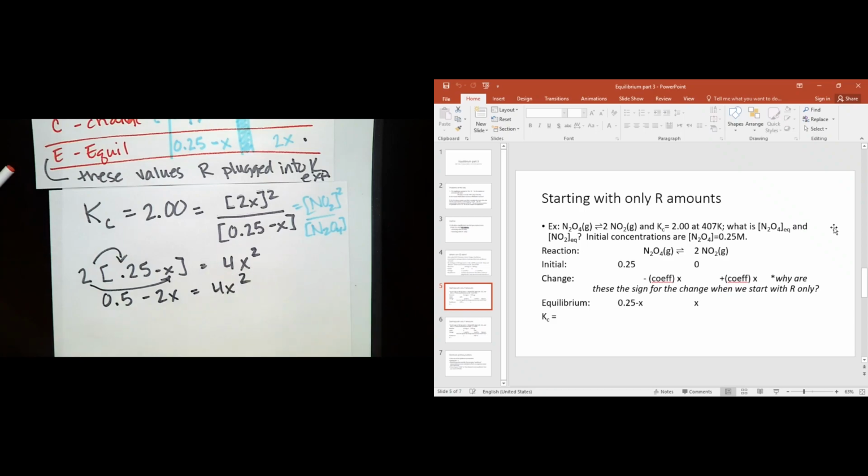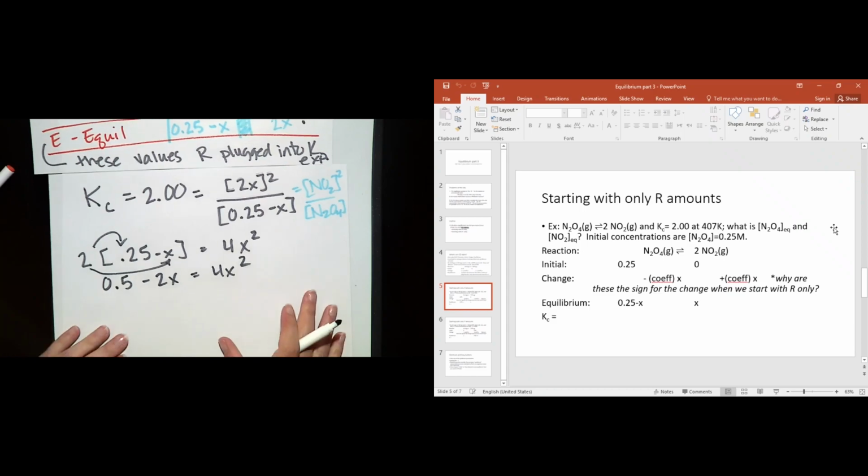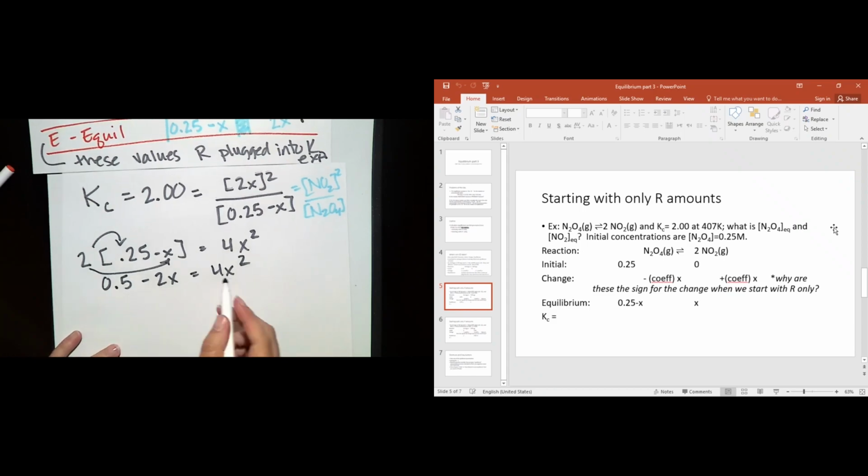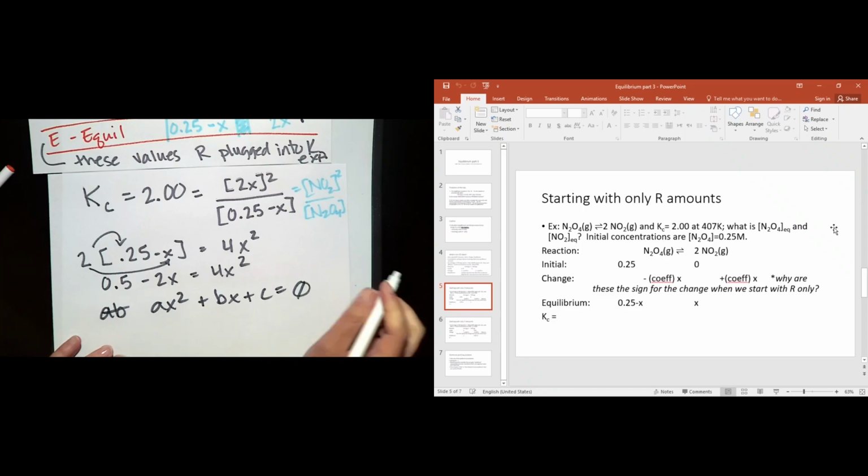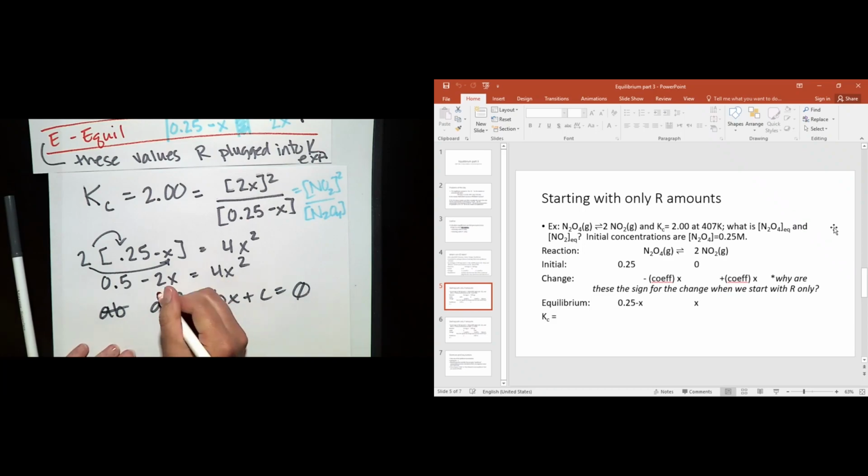Oh man, quadratic time. Okay, so how do I do the quadratic? Well, I have to get everything to one side because it's ax squared plus bx plus c equals 0. So I have to subtract everything to the other side. I'm going to use a different color or add. So plus 2x.